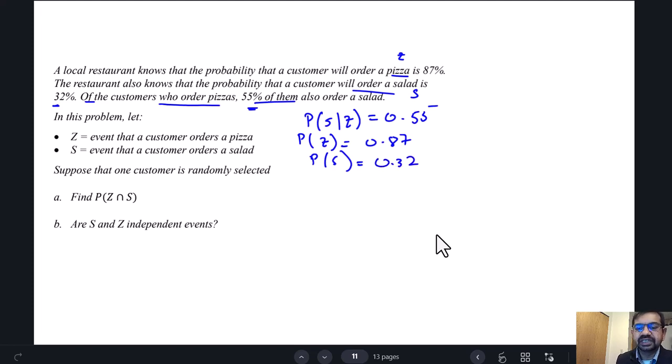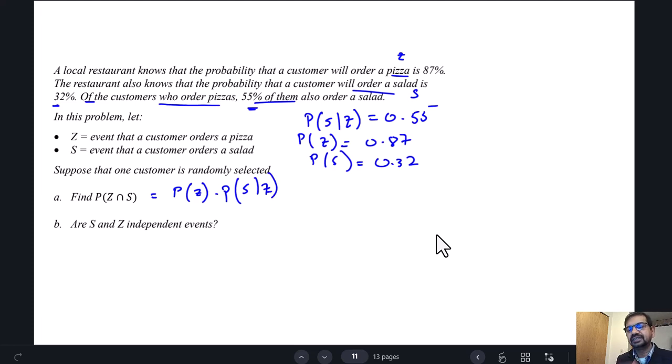So the question says that we randomly choose a person, find the probability that the person is buying a pizza and a salad. So again, we can apply our multiplication rule. Probability of Z intersection S is probability of someone having bought a pizza, and given that they have bought the pizza, what is the probability of them buying the salad?